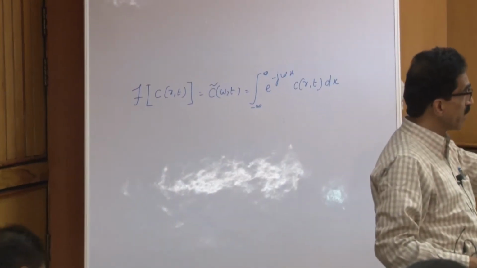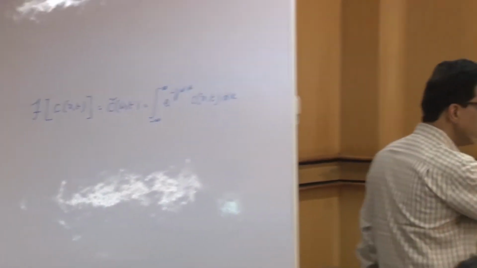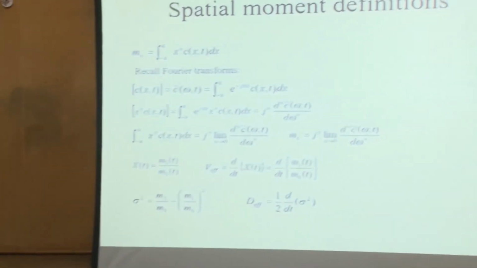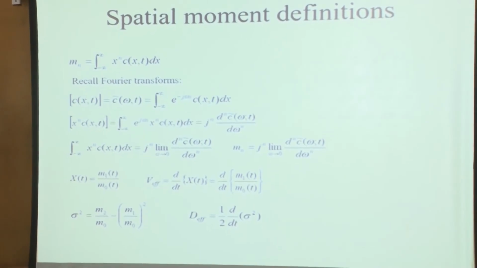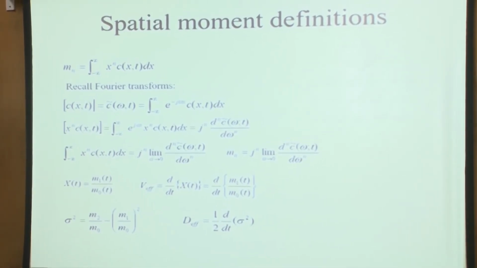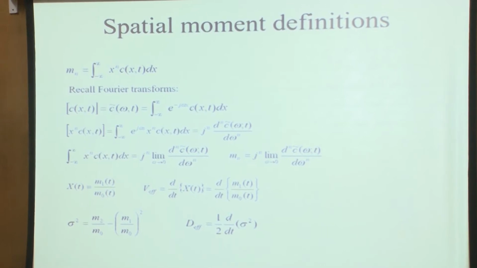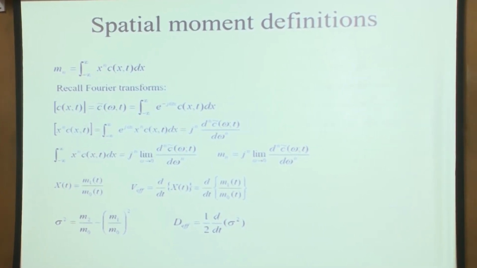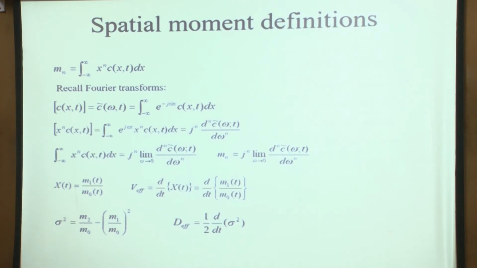So there should be an f over here and then an f over here. Earlier when we were talking about Fourier transforms, this would be one definition of a forward Fourier transform. The 1 over 2 pi and whatever would have to be absorbed in the inverse Fourier transform. But as I said, throughout this course, it's never our intention to take the inverse transform of anything, because we just want to stop with moments.